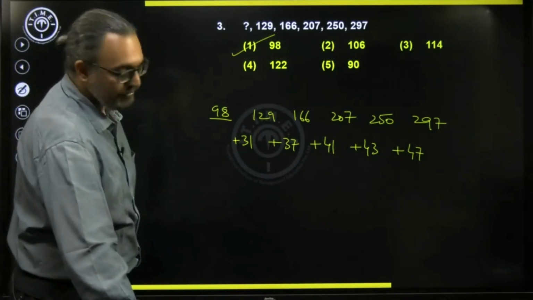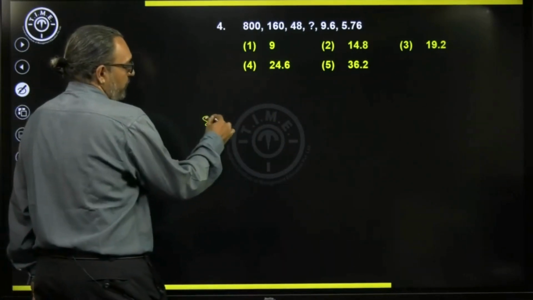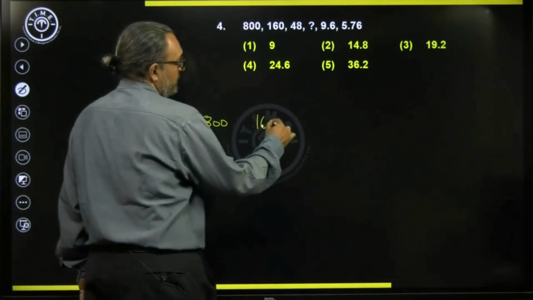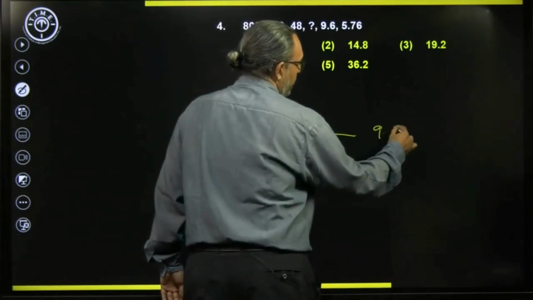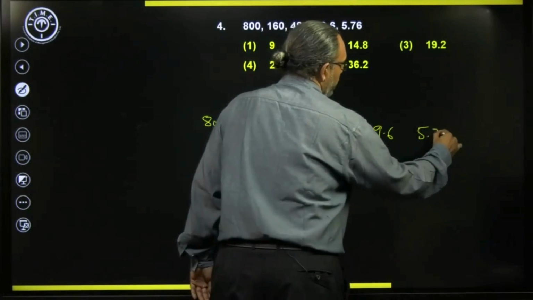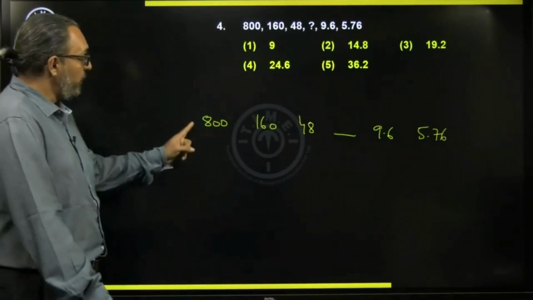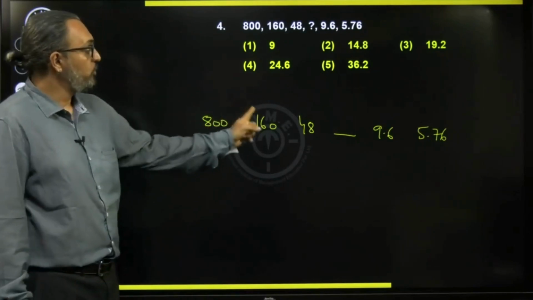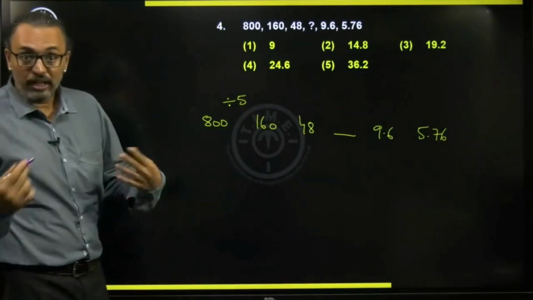Then next we have now 800, 160, 48, blank, 9.6 and 5.76. Now here if you observe, from 800 to 160, I can say that it is divide by 5.